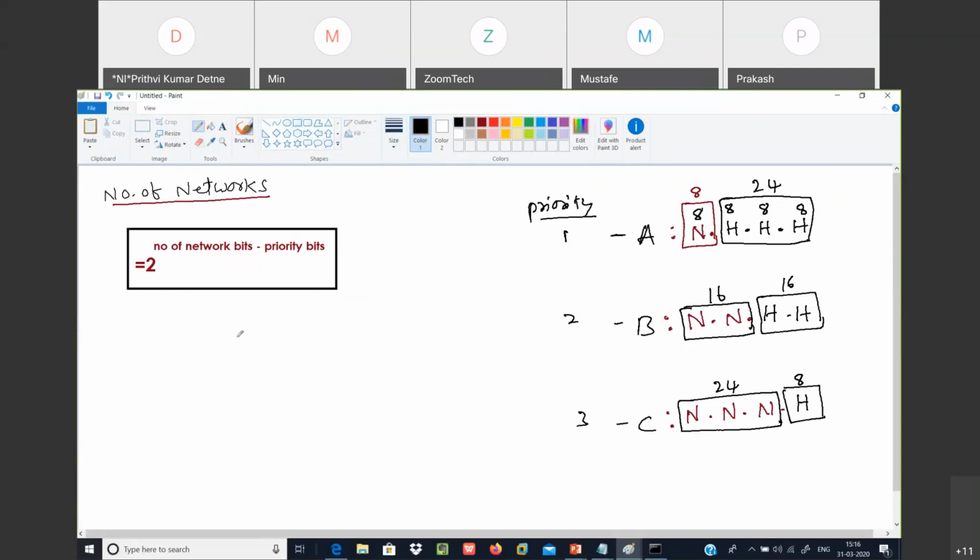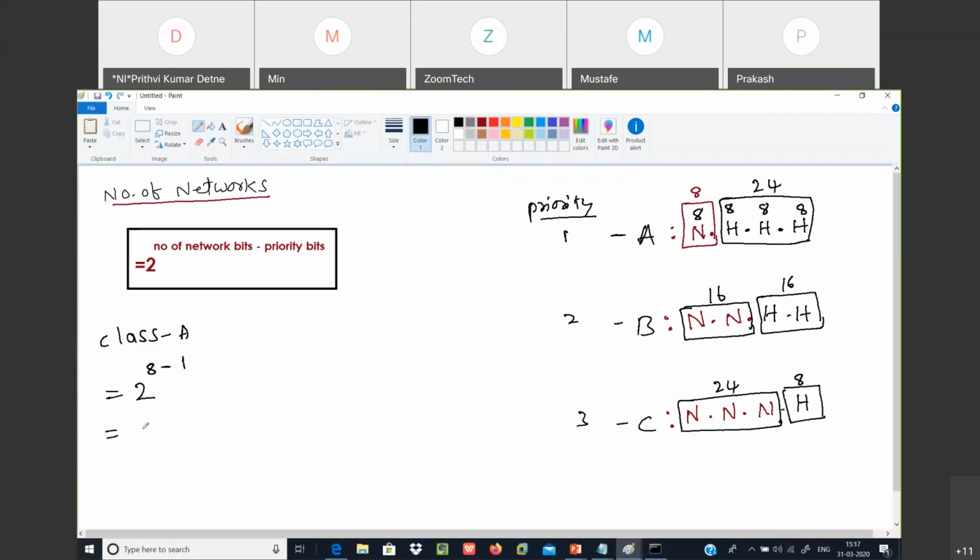Now let me go for a class A example. For class A, what's the formula? 2 to the power of number of network bits in class A, which is 8, minus how many priority bits? 1.